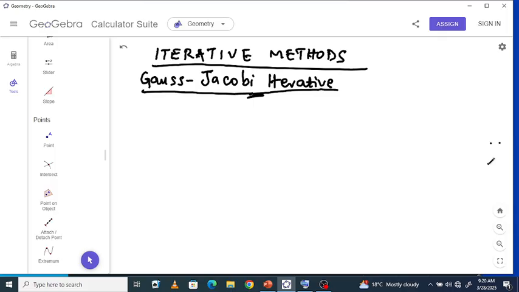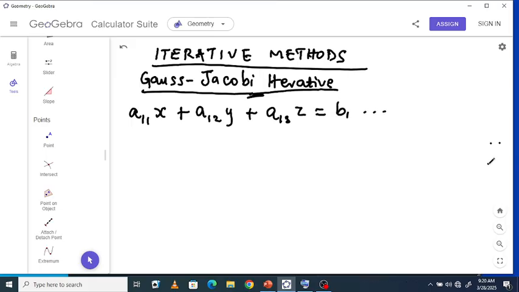Straight away, we're going first to derive the formula for the Gauss Jacobi. You are given a system of linear equations, and that system looks like this: the coefficients are a11, a12, a13, x, y, z is equal to b1. This is our equation 1.